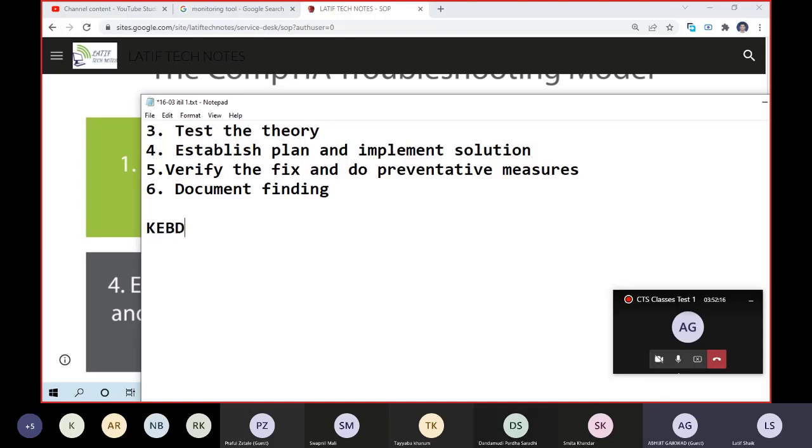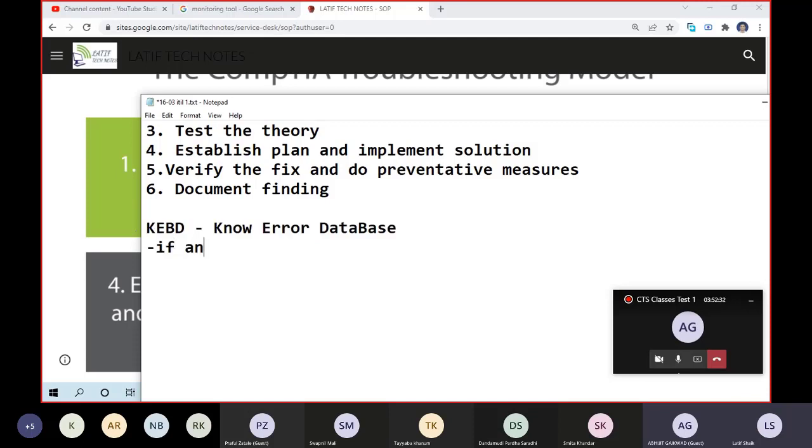Document findings. KEDB. Another concept is KEDB, a known error database. Okay. Known error database. So what is this known error database?